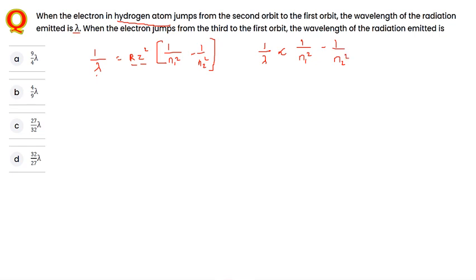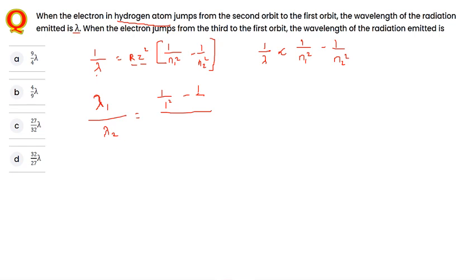See, in this case, in the first case I just mentioned as lambda 1. Lambda 1 value they have given, that is lambda. And lambda 2, that one only we are going to find out in this case. 1 by, the first one is 1 square, and here is a minus of 1 by, the second one here.